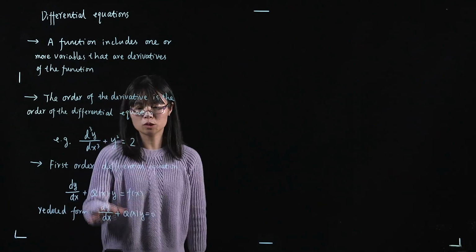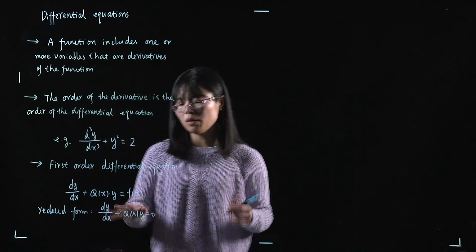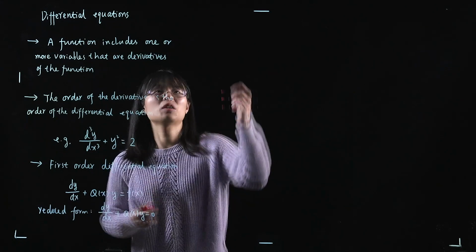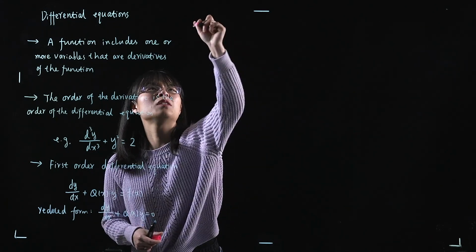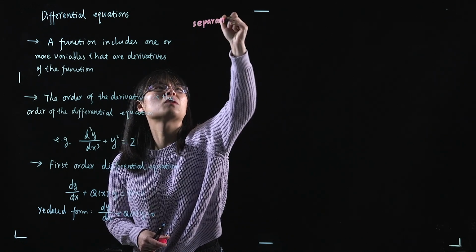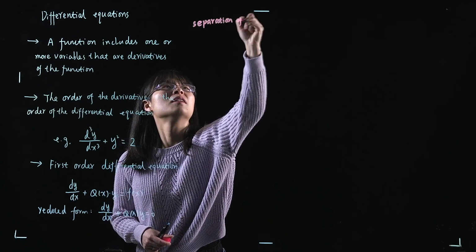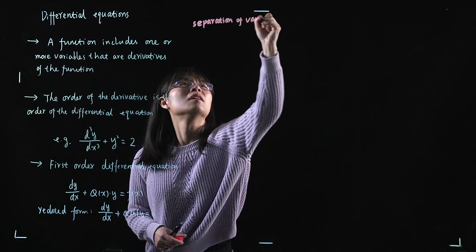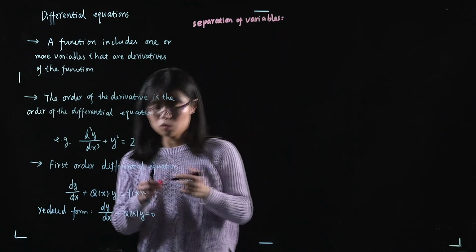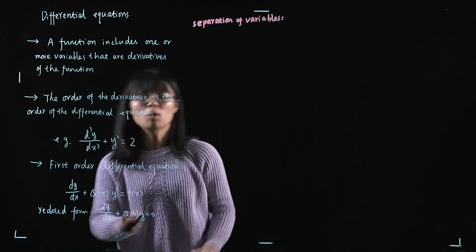Now the new equation seems more solvable. And the trick we are using today for this type of question is separation of variables. We want to separate x from y.